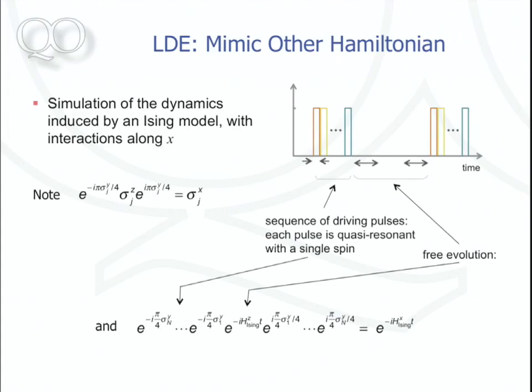So we have our Ising coupling along the z direction, and then we apply pi/2 pulses to each of the ions, and then we get this Ising coupling along the x direction.